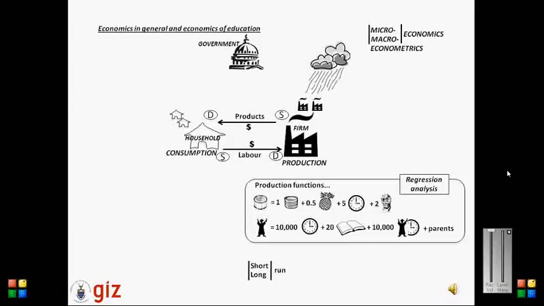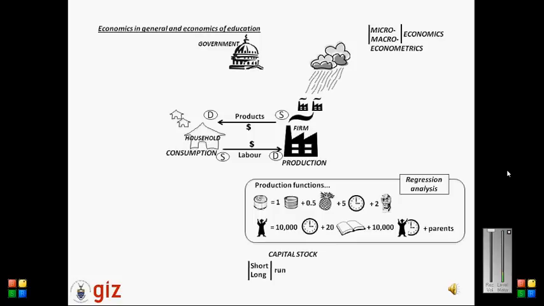The difference is that when we look at the firm in the long run, we allow for the capital stock to change. So the old canning machine could be replaced by a new one. But in looking at short-run production, we are stuck with the same old capital stock or canning machine. In the school, the old teachers could be replaced by new ones in the long run, but in the short run, production must happen with the existing teachers.